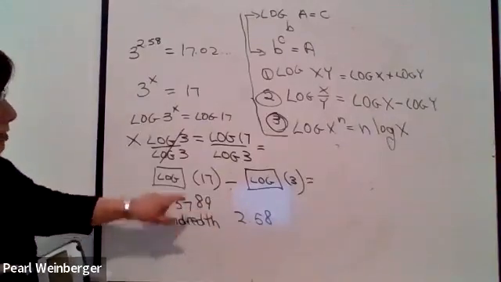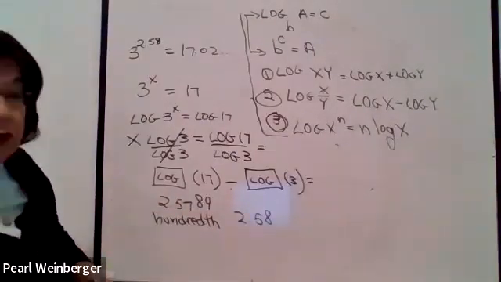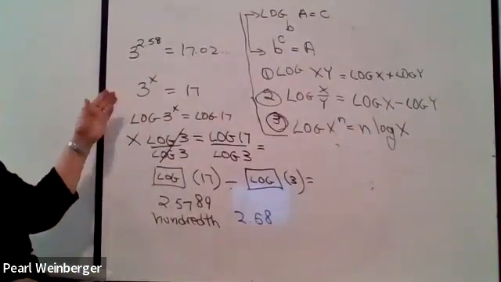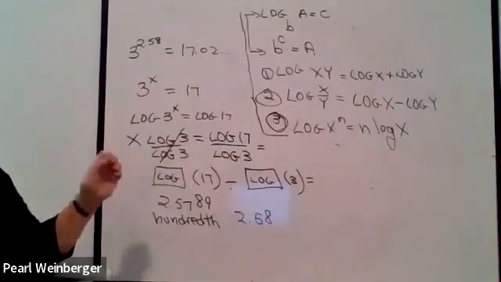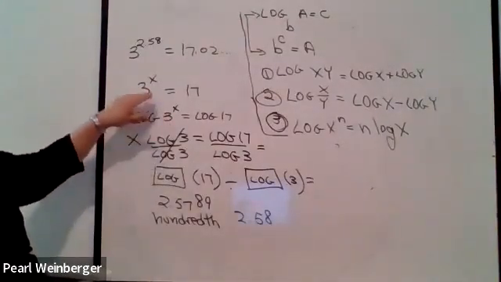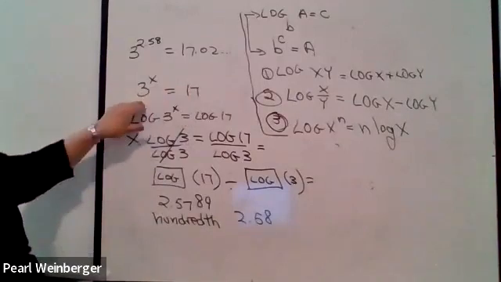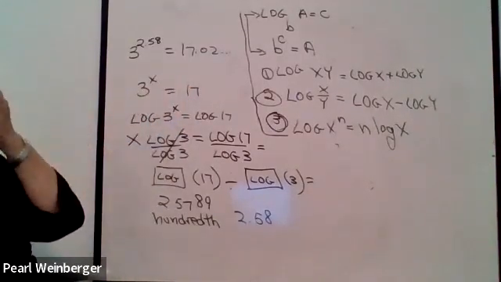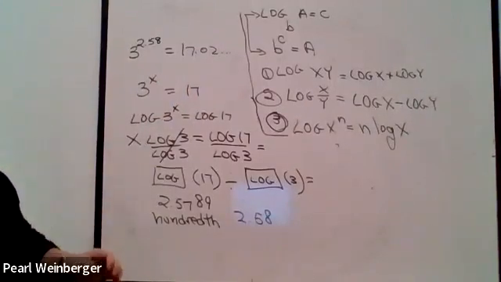If I didn't use a rounded version, it would be more accurate. But that is a way of solving an exponential equation when you cannot write both numbers in terms of the same base.